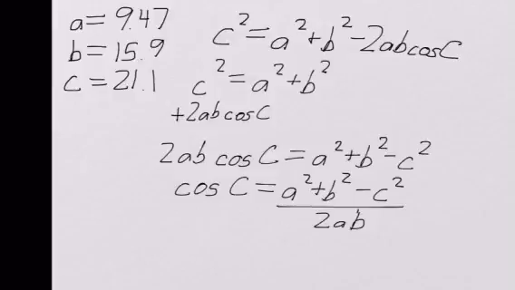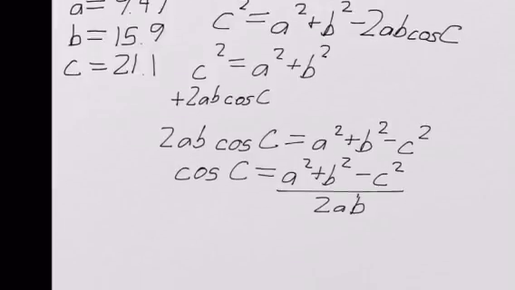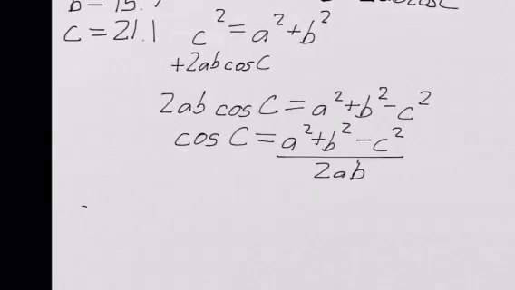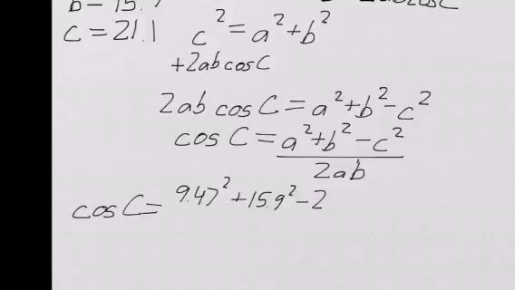Now, it's just a matter of plugging everything in. So I plug those numbers in for A, B, and C. I get cosine of C is equal to 9.47 squared plus 15.9 squared minus 21.1 squared over 2 times 9.47 times 15.9.